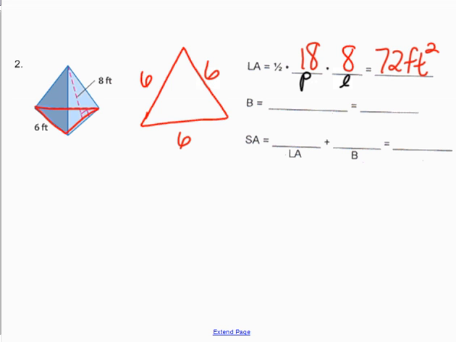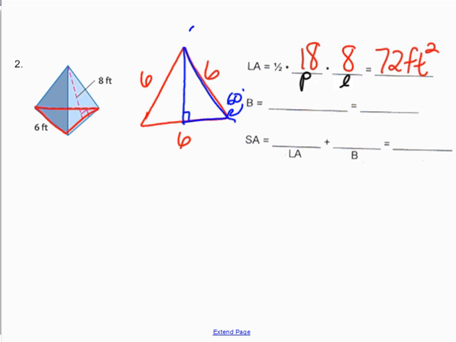Now, in order to figure out the base, I'm going to use what I know about equilateral triangles. I'm going to make a right triangle right here. Because this is an equilateral triangle, this angle right here is 60.